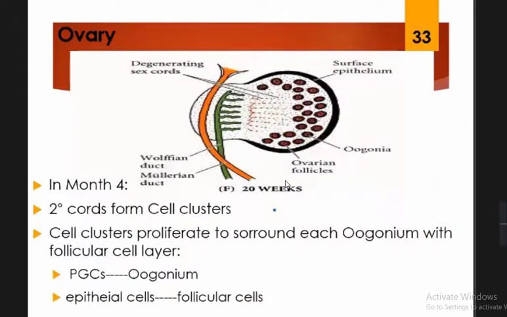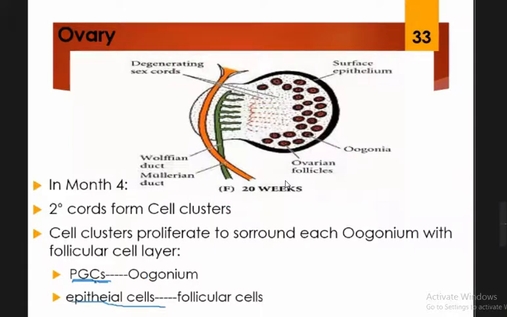In the ovary, we have cell clusters that have surrounded primordial cells. So we talk about the ovary having a primordial follicle that has the primordial germ cells and then follicular cells. And it is now a differentiated gonad.